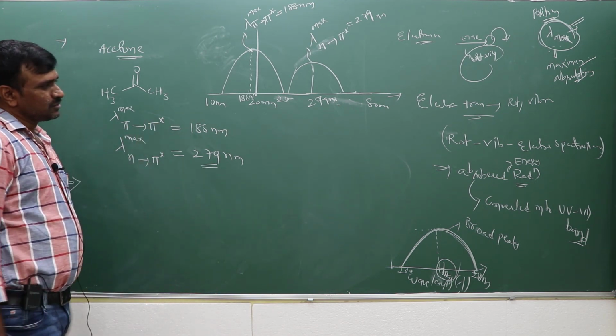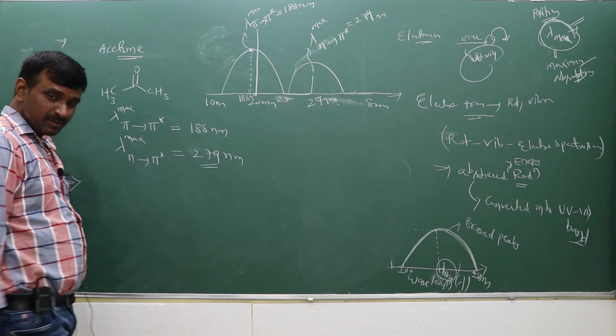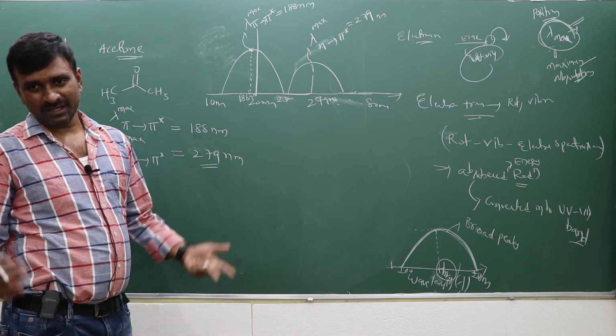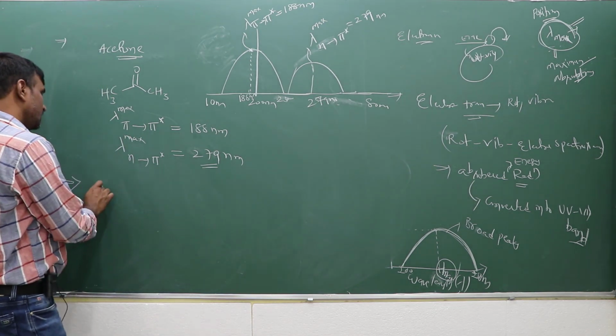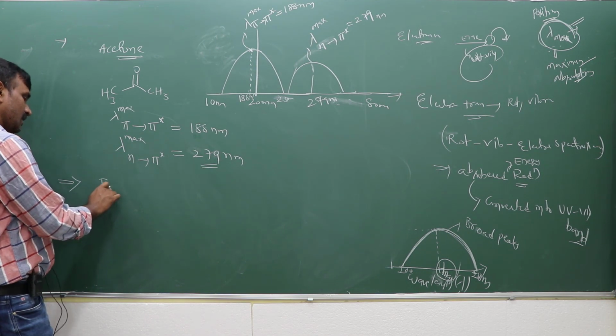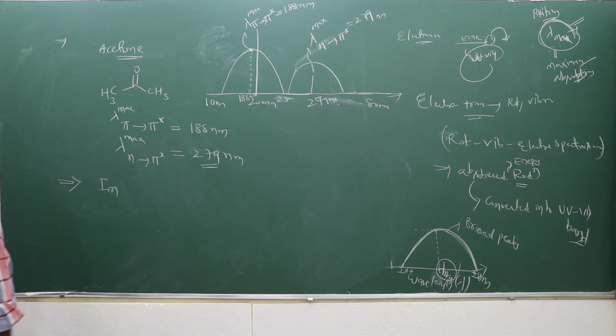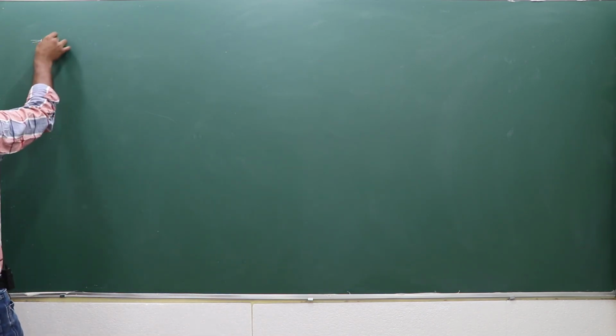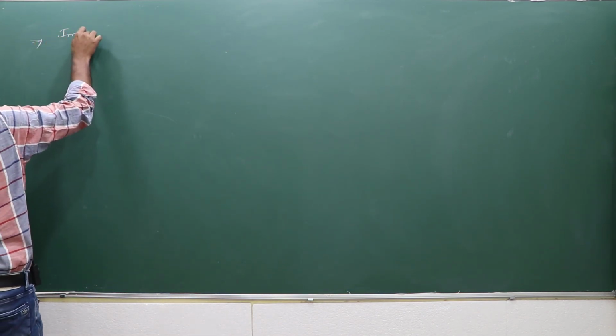So many spectra are there, so why is UV visible spectroscopy required? By using UV visible spectroscopy, which information will you obtain? That is important.